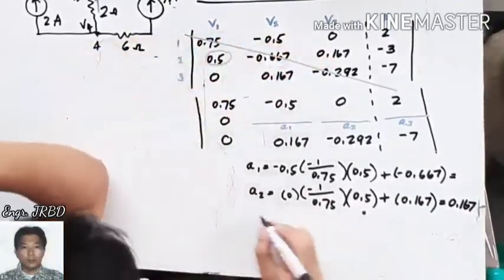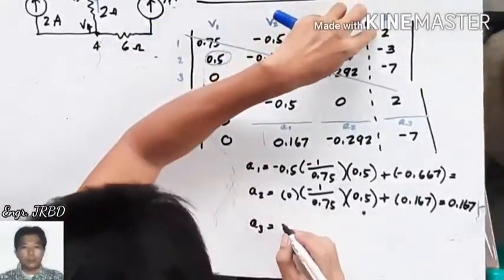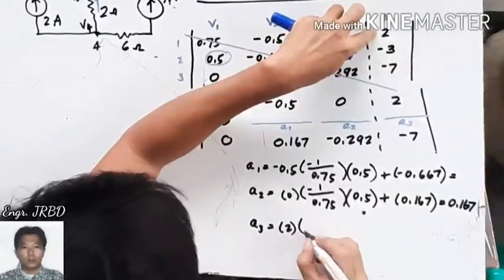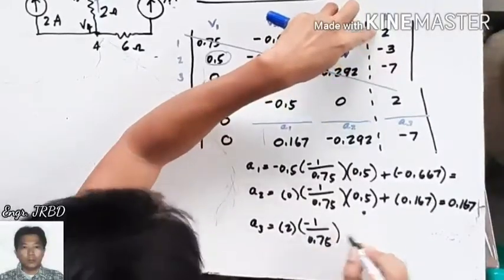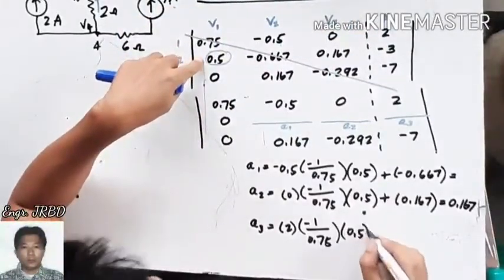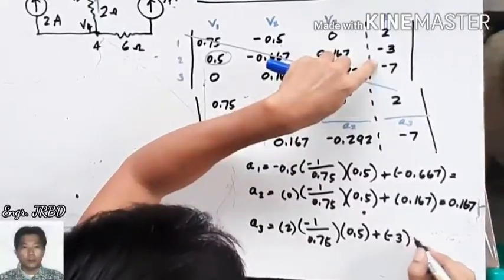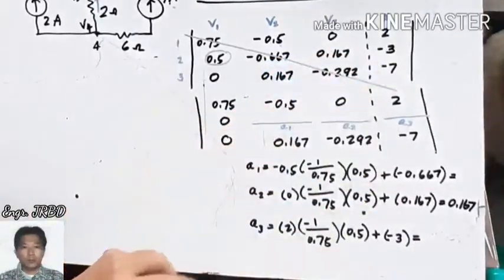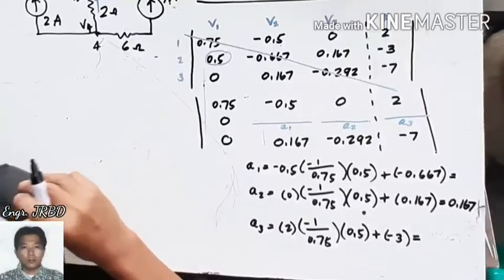And for a sub 3, that is 2 times the negative reciprocal of 0.75 times 0.5 plus negative 3.